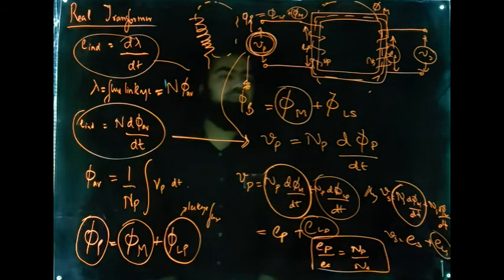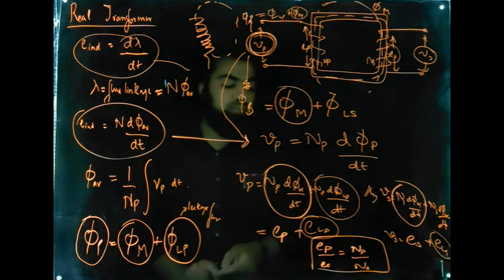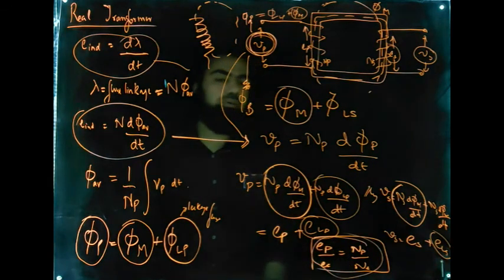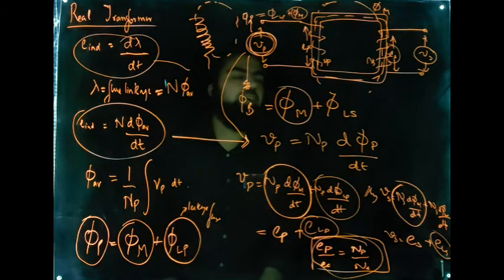But the mutual flux component that will be responsible for production of voltage at the ends of the windings, EP and ES, will actually follow this transformation ratio. EP divided by ES will be equal to NP divided by NS.